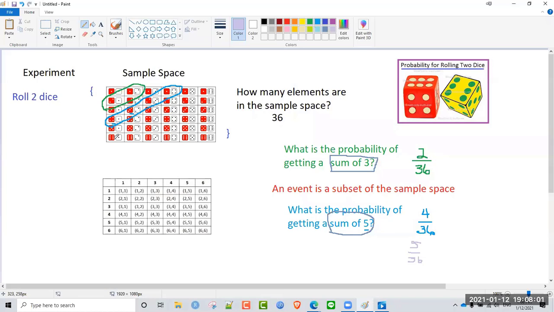Notice that if you say the sum is equal to something, you're specifying a diagonal, because a diagonal will all have the same sum. So if you specify a sum, you're talking about a diagonal, and the longest diagonal is here. So that's going to be the greatest probability, and that's at 7.